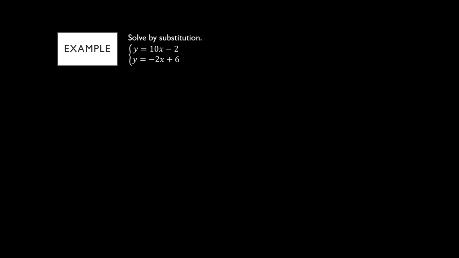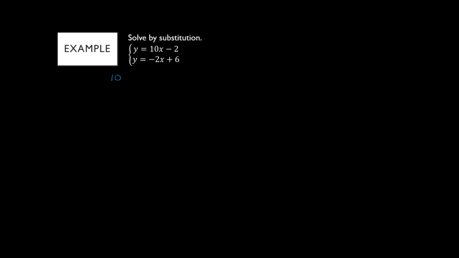So if they're both equal to y, then I can take the second equation and replace y with what y is equal to in the first equation, the 10x minus 2, because they're both equal to y, so y has to be the same thing. The y in one equation is the same y as in the second equation. So basically, I'm taking the second equation and plugging it into the first.